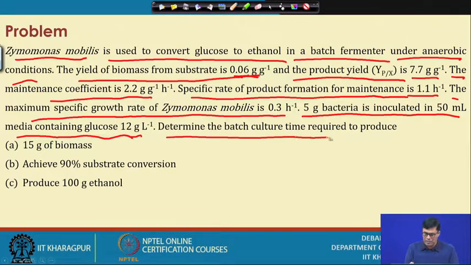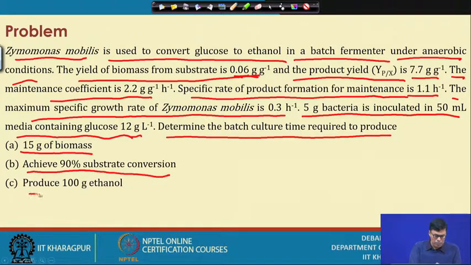Determine the batch culture time required to produce 15 grams biomass, achieve 90% substrate conversion, and produce 100 grams of ethanol. So the problem has three different parts.